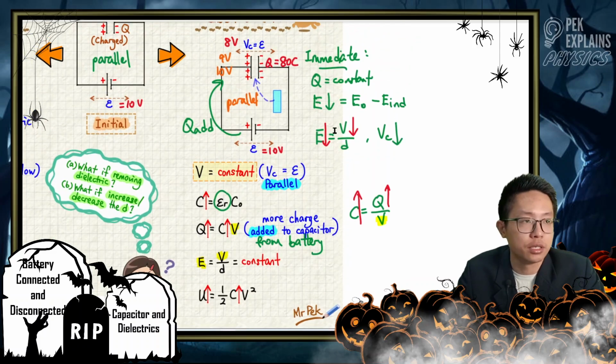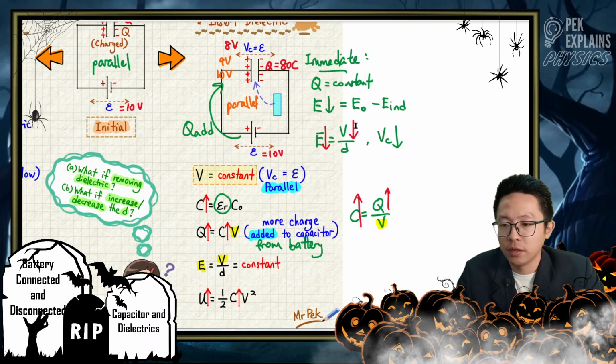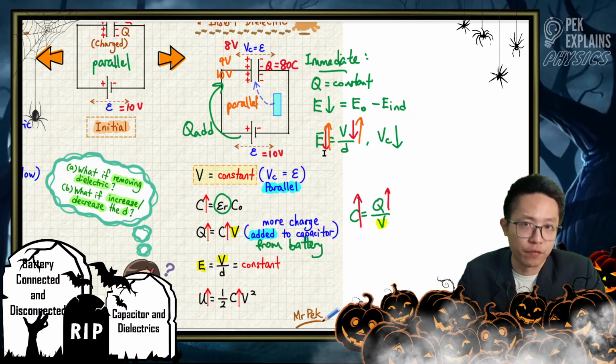I know the immediate change is V decreases, but we know that after some time, the V will climb back up. The immediate change just now, the electric field also decreased, but the electric field also will climb back up to be equal to the original electric field. Understand?